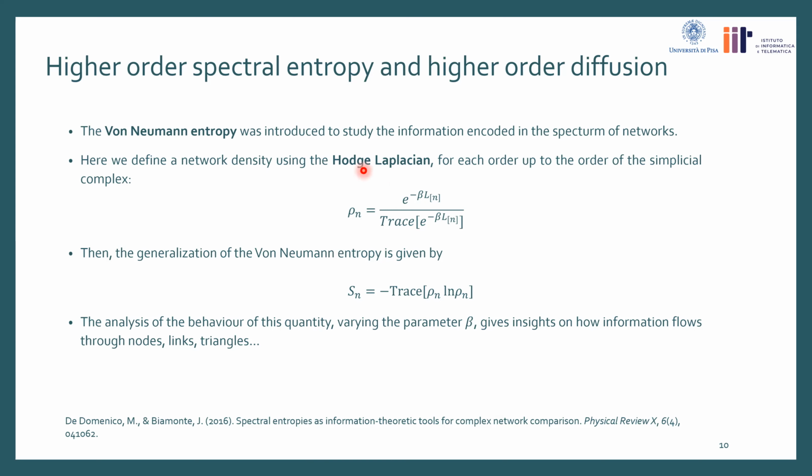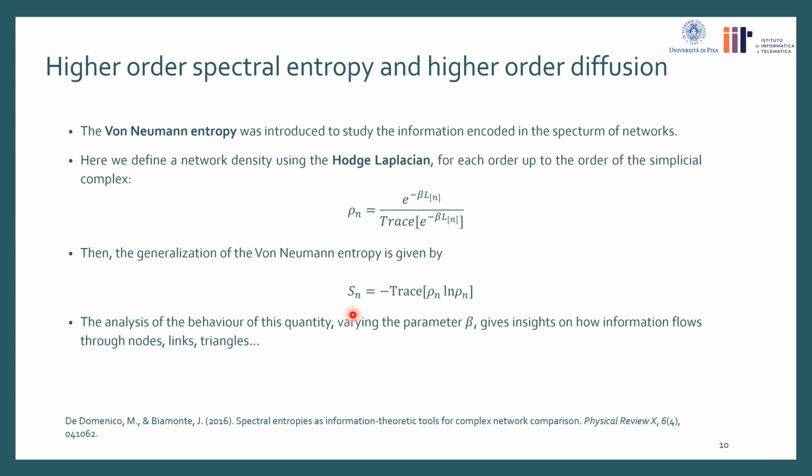So normally, the network density in pairwise interaction networks is defined using the Laplacian. Here, what we do is extend the definition of von Neumann entropy to the higher order Laplacian. So here is the definition of the network density that we use to compute the von Neumann entropy, which is naturally generalized from the standard case in this way.